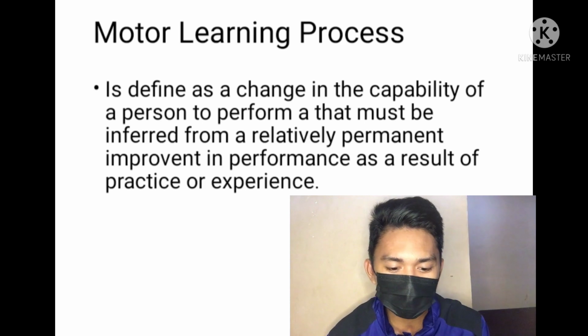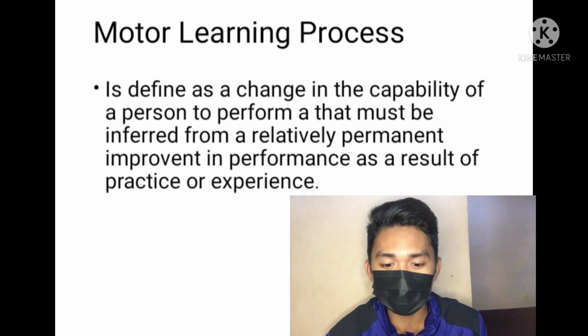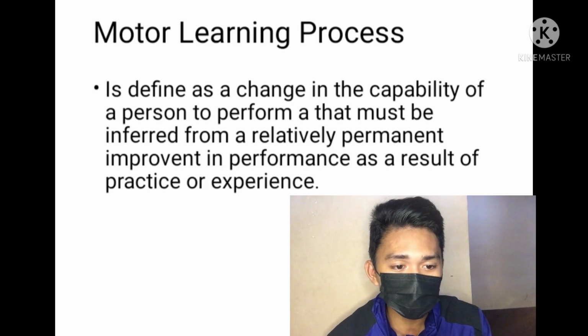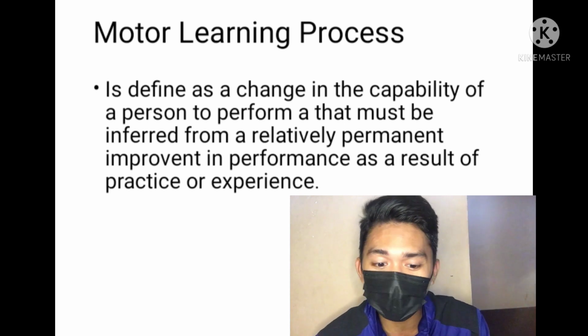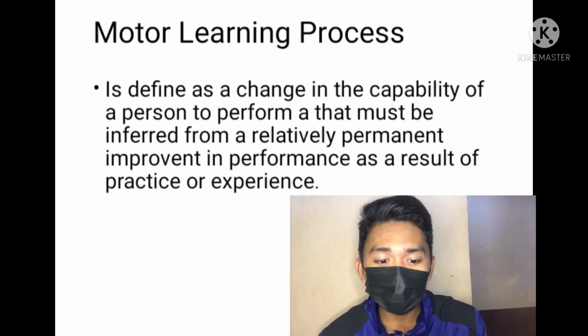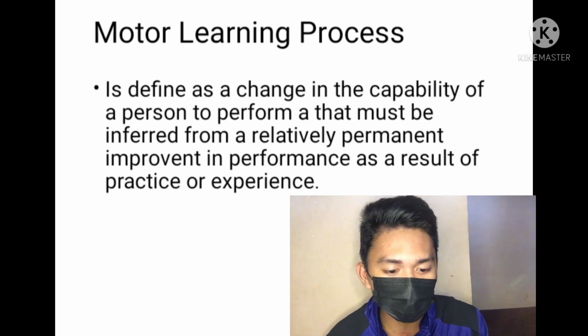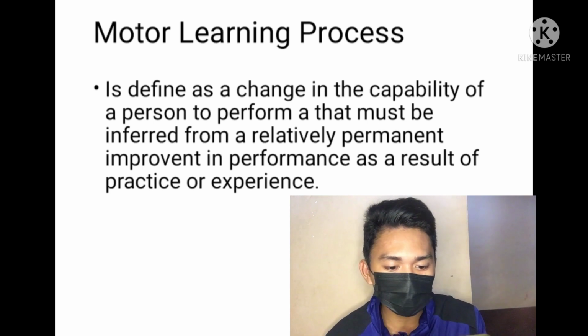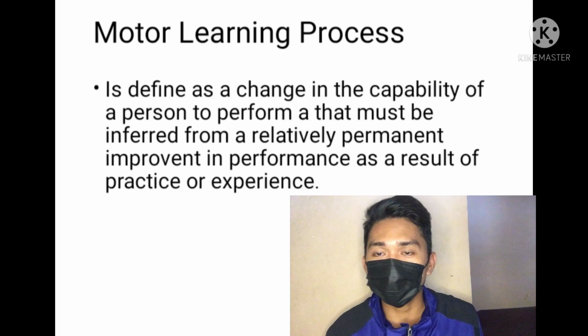Question number four is, explain the motor learning process. Motor learning is defined as a change in the capability of a person to perform, which must be inferred from a relatively permanent improvement in performance as a result of practice or experience.